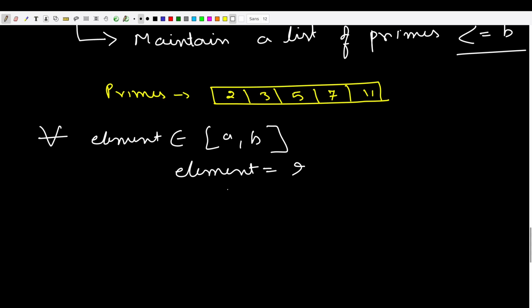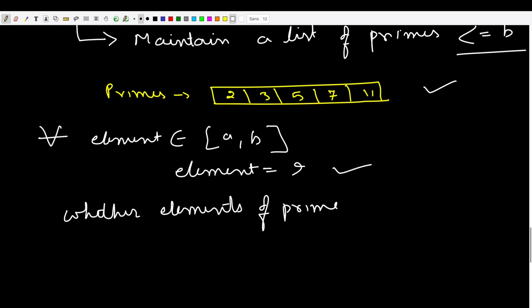So we are going to take this element and these primes, and see whether elements of prime divide this. Let me just call it x. So elements of prime divide x, right?